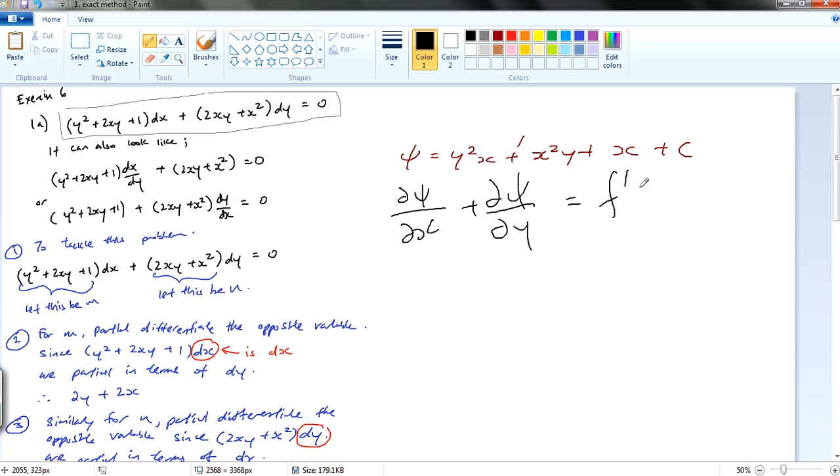You'll get f prime xi, so this is how it works. So it's just xi dx plus xi dy equals, in this case, 0.